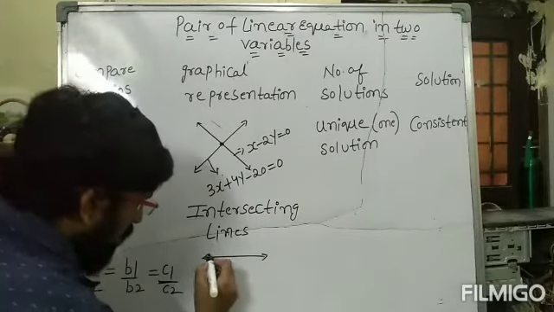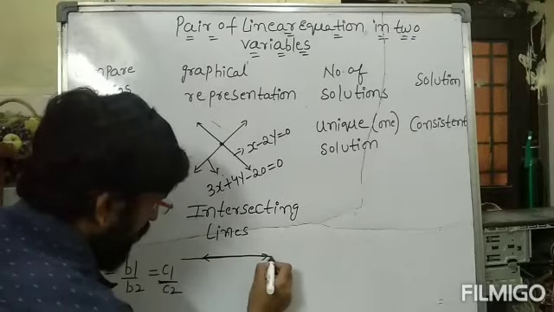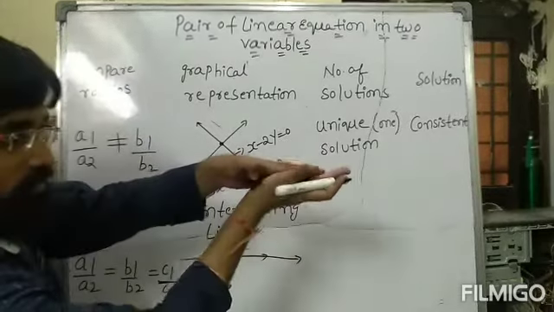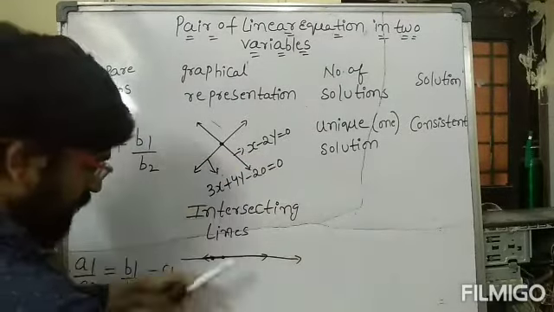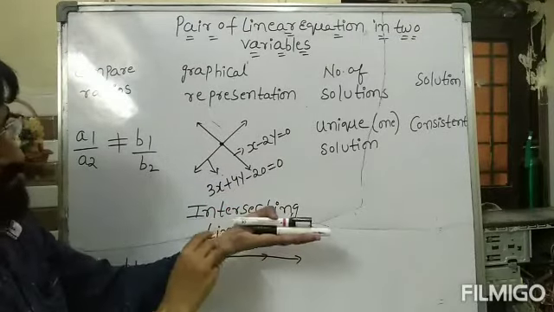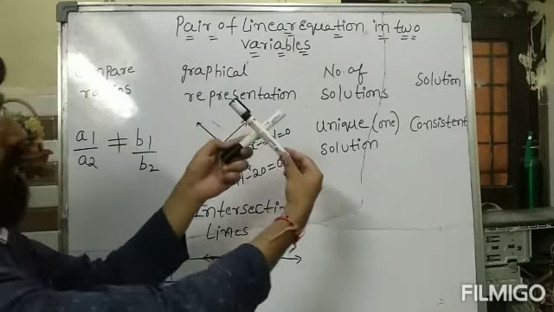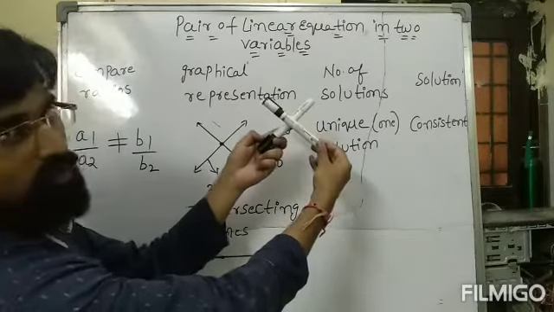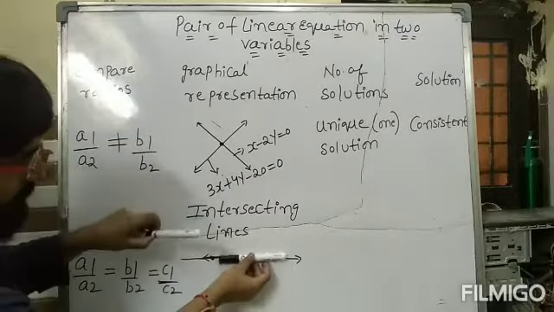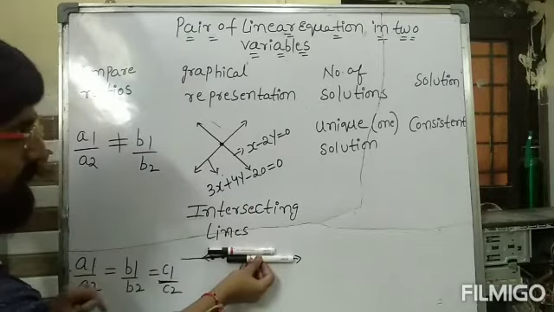One line, and the same line goes like this. Intersection means like this, it is intersecting only at one particular point. Here one line is this, and the same other line comes and meets with this.